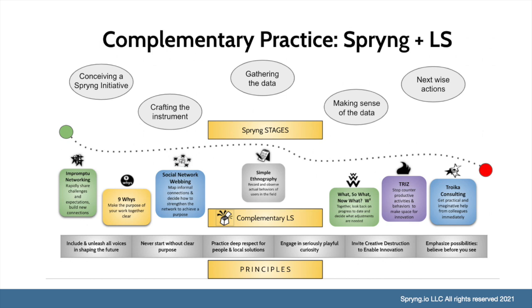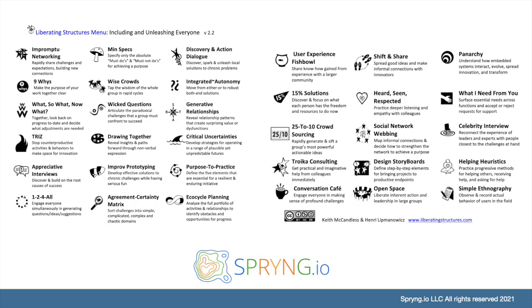That there are a couple really good liberating structures that help you emphasize possibilities and a bit of believing before seeing. Those are ones like critical uncertainties. There's a new one called Future Present. Even something like 25/10. Yeah. 25/10 Crowdsourcing is, if you were 10 times bolder, what... well, that's actually one of my open-ended questions very often.